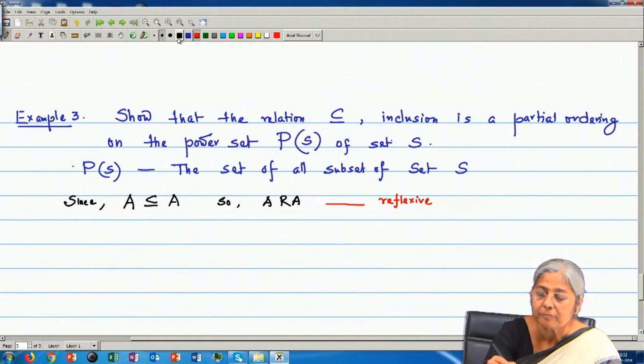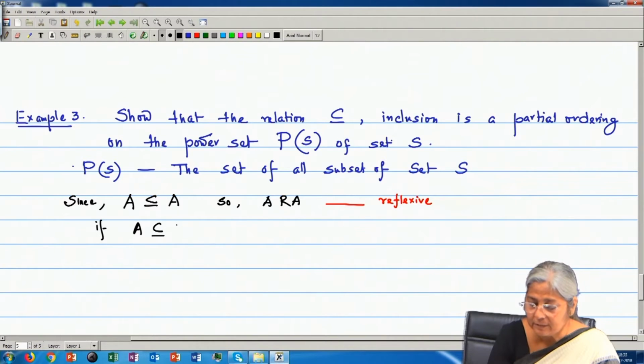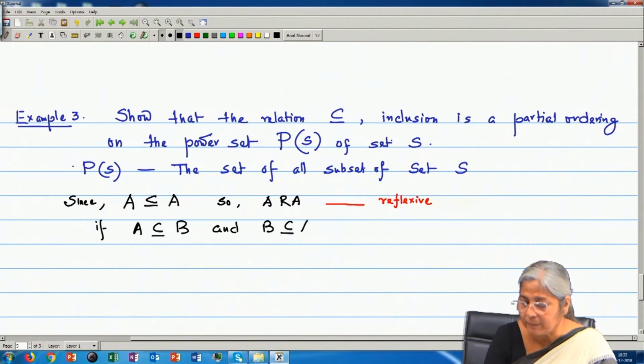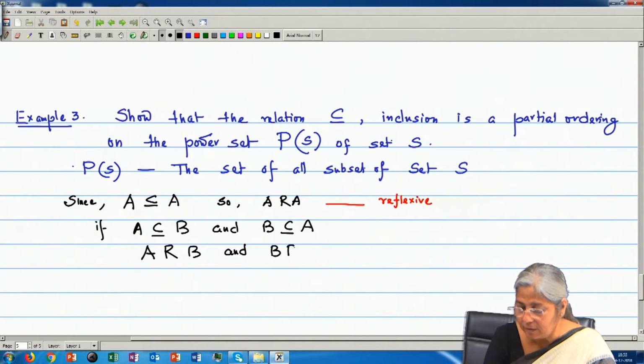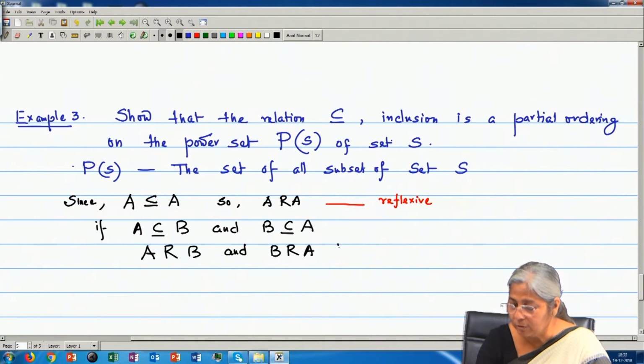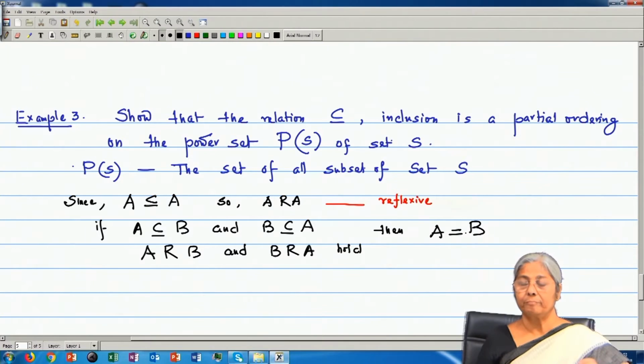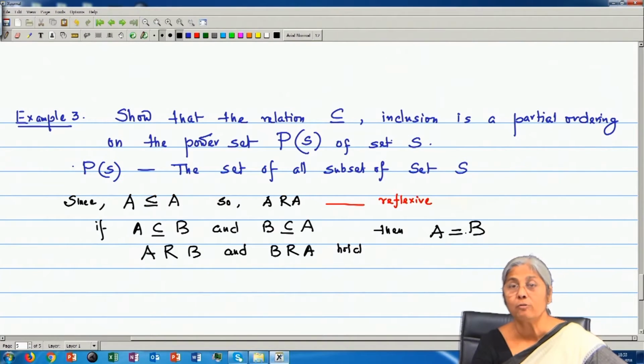Now, if A is a subset of B and B is also a subset of A, that means A R B and B R A both hold, then we know that A equal to B. So if A not equal to B, then it does not hold.